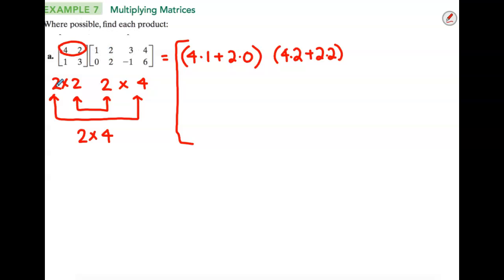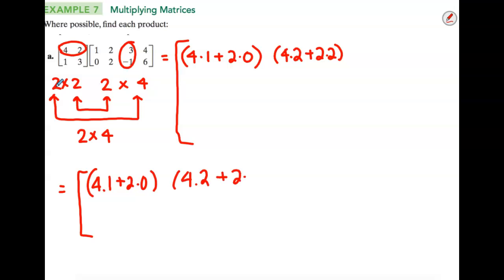Now, row 1, column 3. It looks like I'm going to run out of room here, so I'm actually going to bring this down and rewrite it. Sorry. So 4 times 1 plus 2 times 0, 4 times 2 plus 2 times 2.